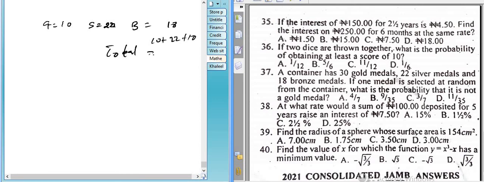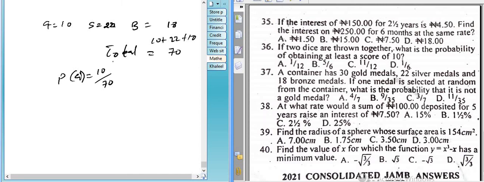The sample space, that's the total, will be the sum of all these, which is equal to 70. When you sum this, that's 10 plus 22 plus 18, which is equal to 70. So what is the probability that it is not a gold medal?